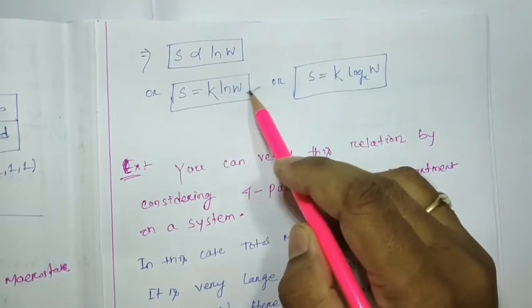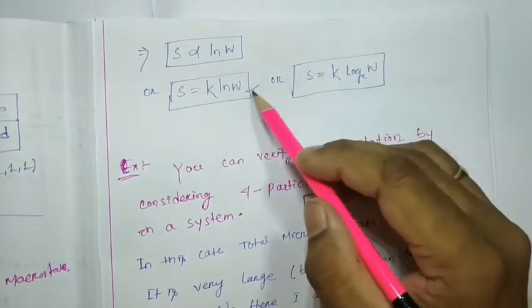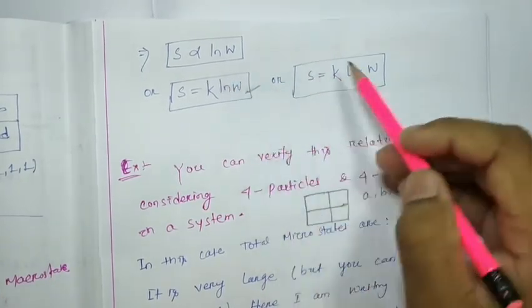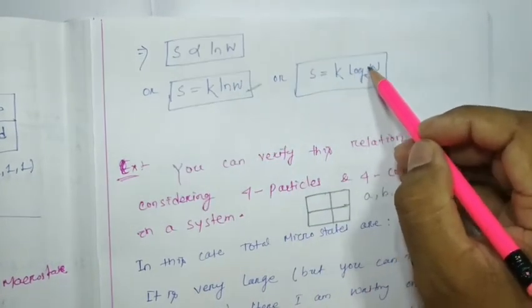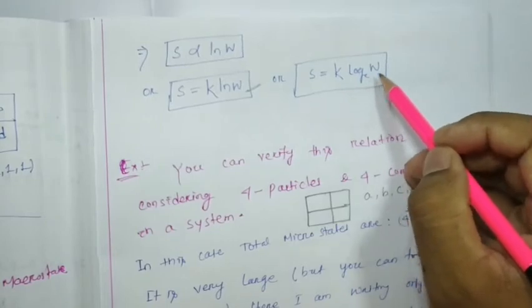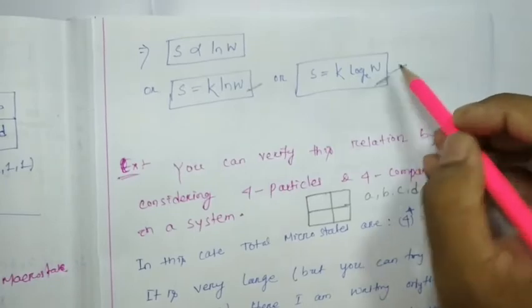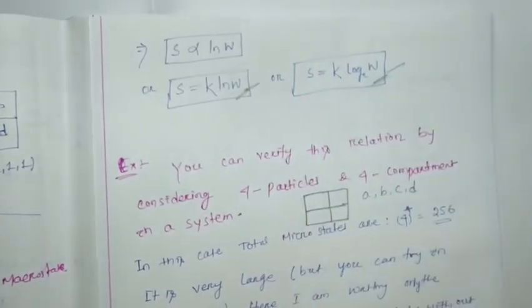There is a proof, but that proof is not in your course, so no need here. Instead of ln, the natural logarithm, it can be written as log base e of W. In this format it has been written in some books, and in the other format in some other books.